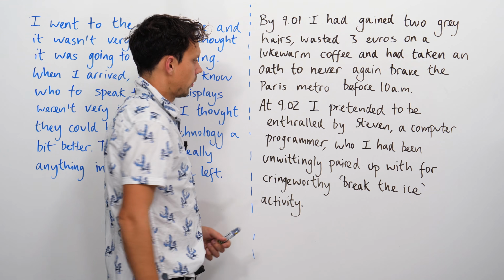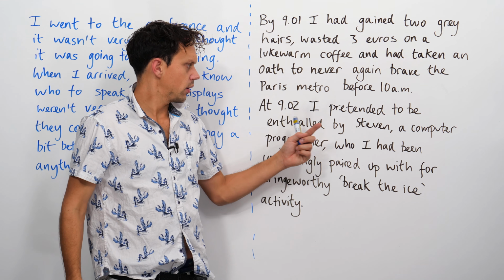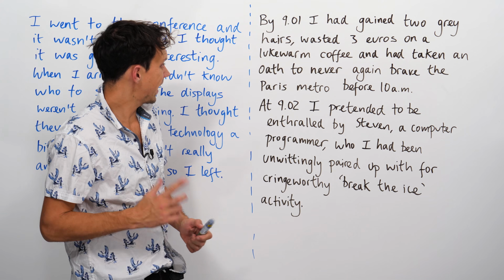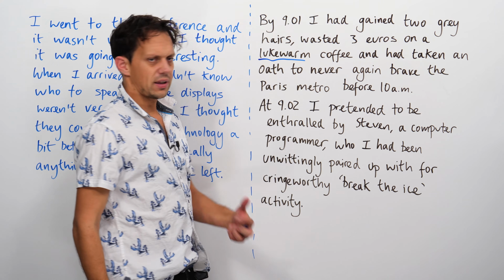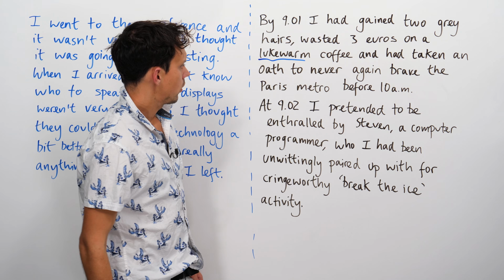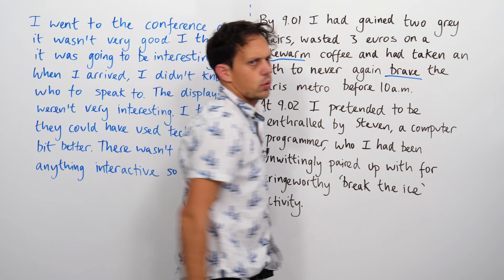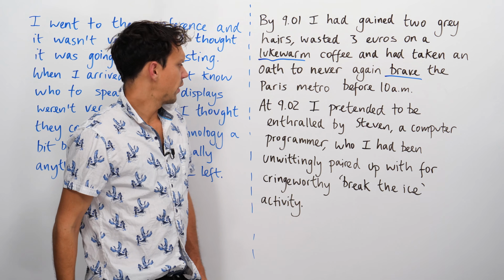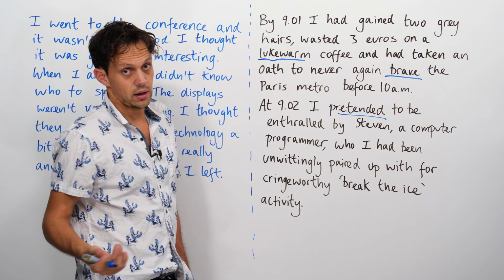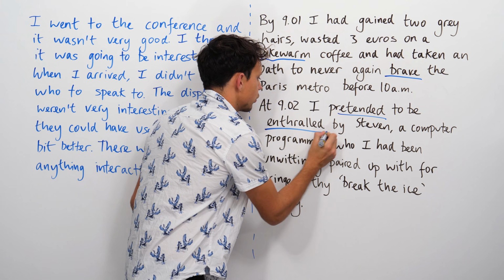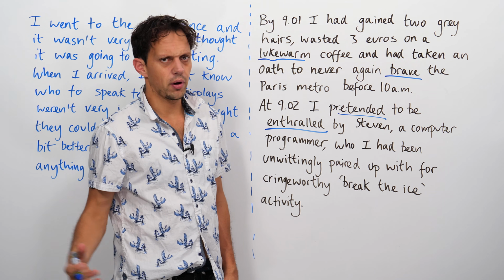9:01, 9:02. I pretended. Now, if you look at the vocabulary, it's higher level. Lukewarm. It has more descriptive detail. To brave is quite a rare verb to use. Pretended is not a verb we use all the time. Enthralled, to be really excited by.